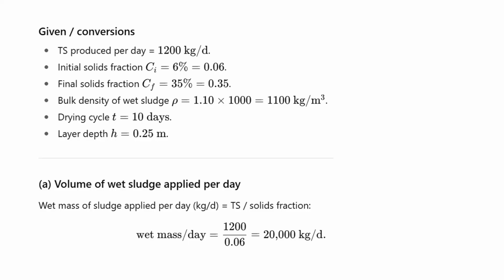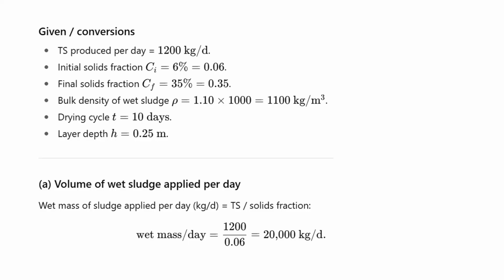To find volume, we know density equals mass by volume. So to find volume, you need mass and density of wet sludge. The density of wet sludge is given in the question as 1100 kg per meter cube.